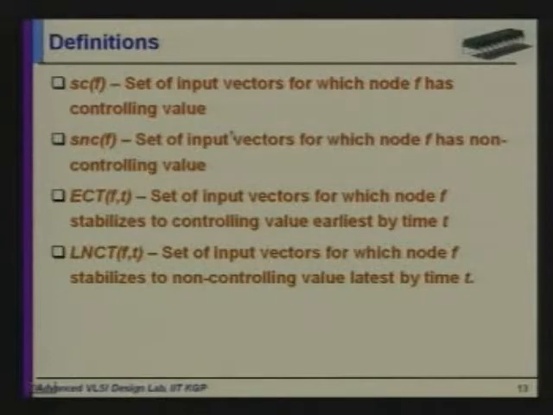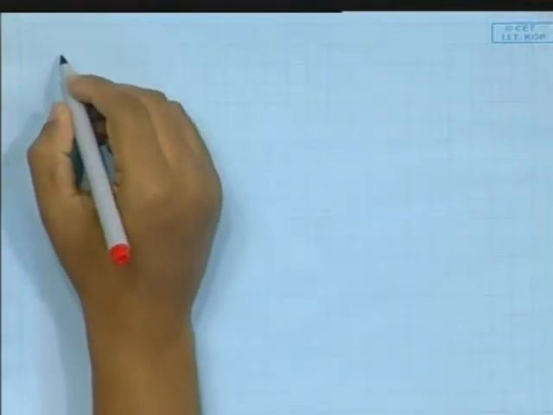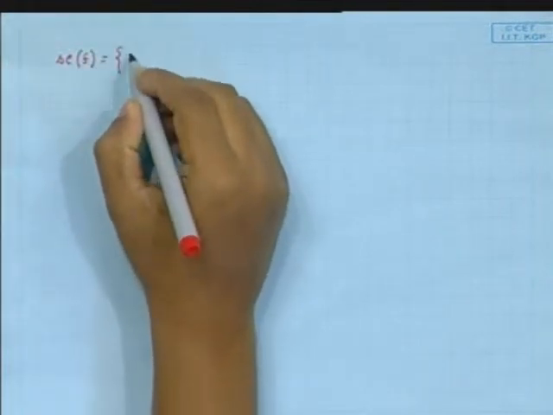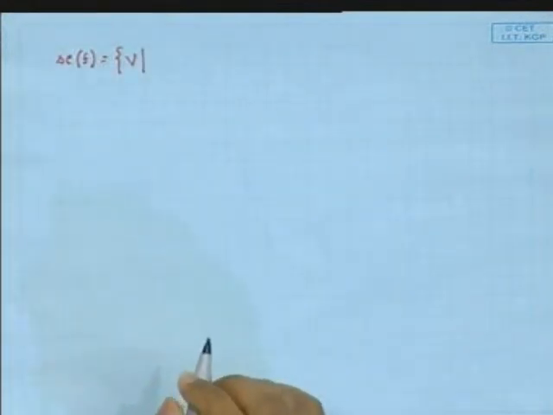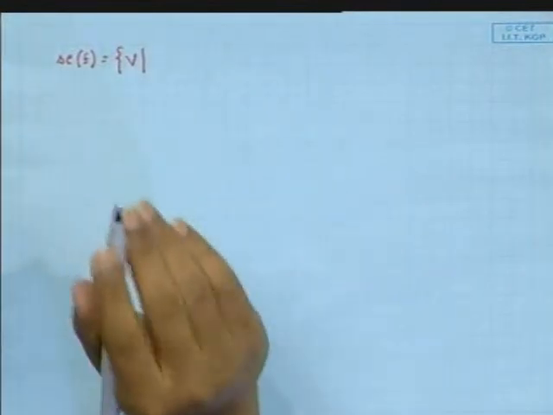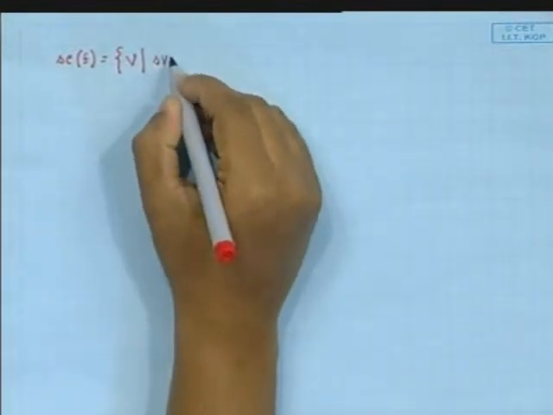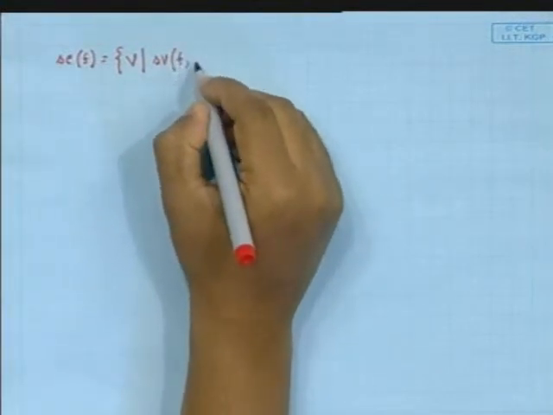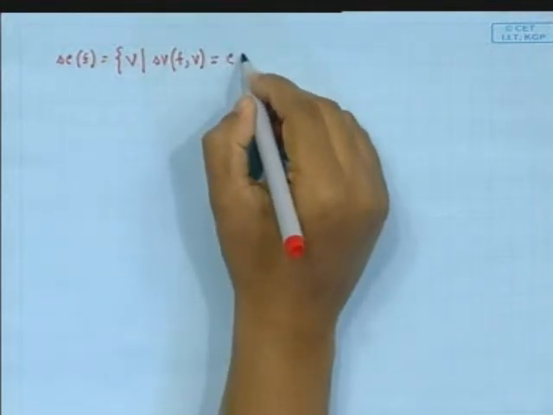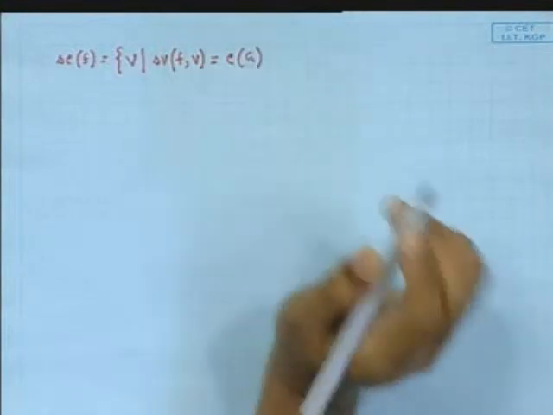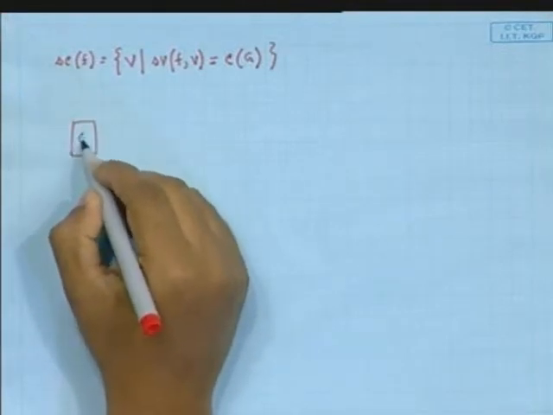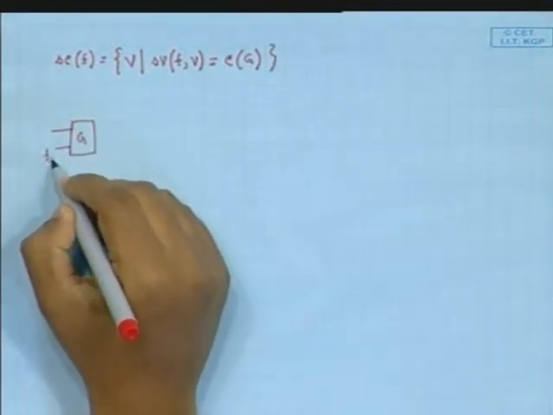So if I write this mathematically, it will look something like this: the set of vectors for which the node F has the controlling value, that means the stable value of node F for the vector V is the controlling value of the gate, say G. Suppose this is a gate Z and there is a node F here.